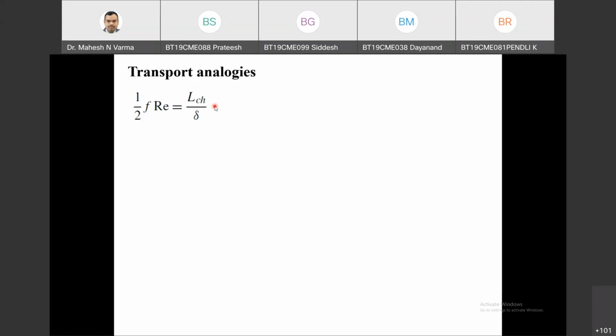Nobody will tell me that Reynolds number for flow through a pipe is length times v rho by mu. The length of the pipe nobody will take, because this is the standard people are using. The characteristic length for flow through a pipe is the diameter of the pipe.